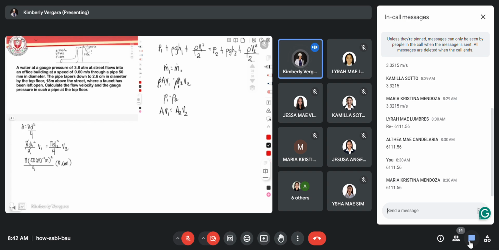Actually, we can also cancel pi over 4, but to make it clear to you, I did it this way. So pi over 4 times D2, what is our D2? 2.6 times 10 raised to negative 2 meters squared times V2. So kindly calculate for V2.